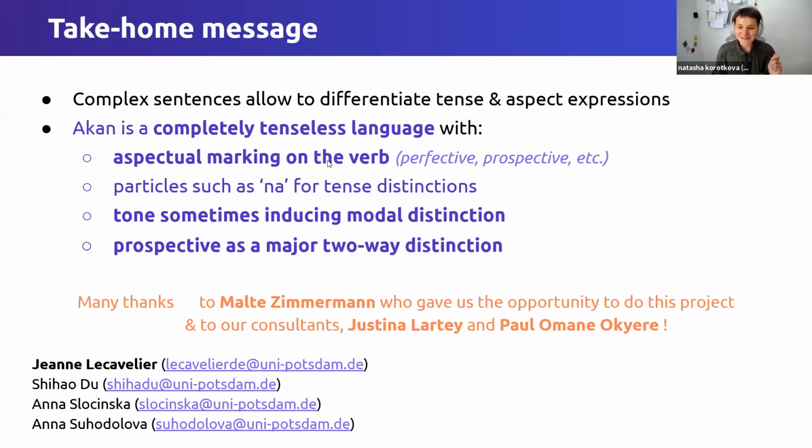Thank you. I have a clarification question. Maybe I missed something. So you treat data from complex sentences as indicative of the fact that this is aspect and not tense. But we are well aware of sequence of tense effects, and we know that languages differ. We have Russian that doesn't have sequence of tense. We have English and German that does.